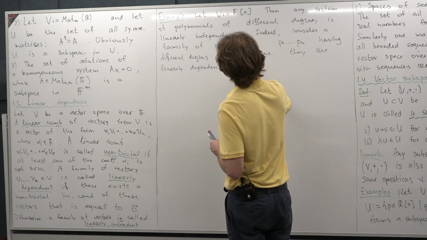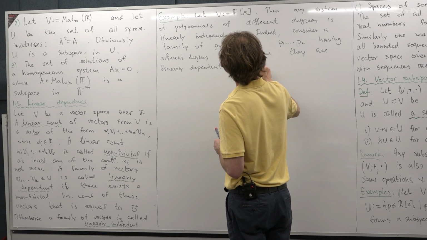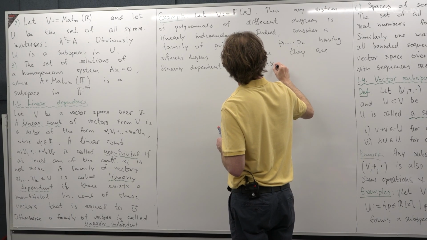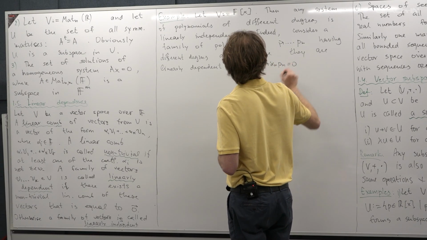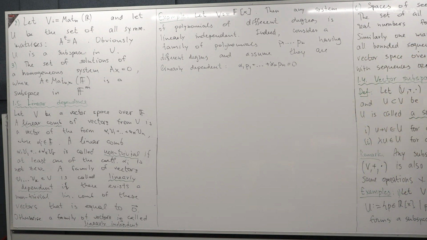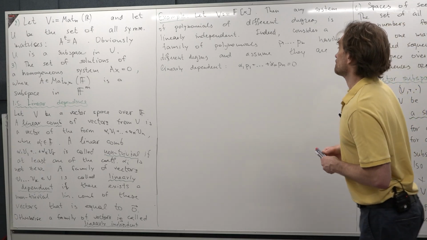So there exists a non-trivial linear combination equal to 0. This is the zero polynomial. This means that this polynomial is identically 0, so the values of this function are zeros at every point.